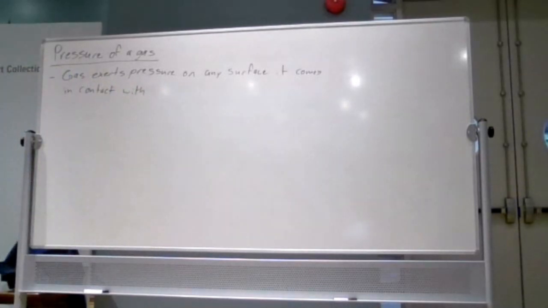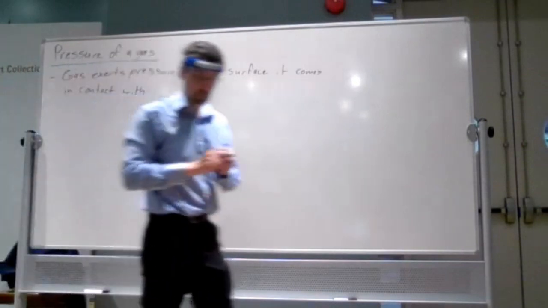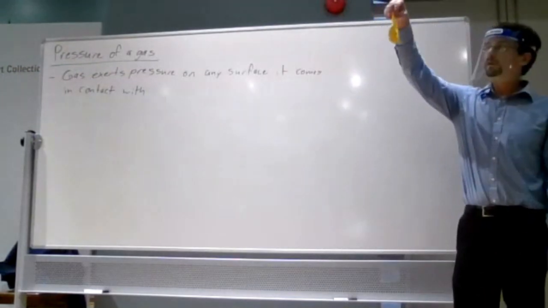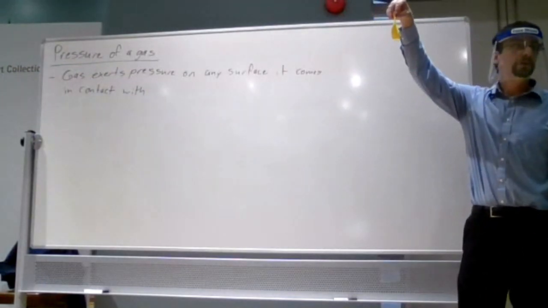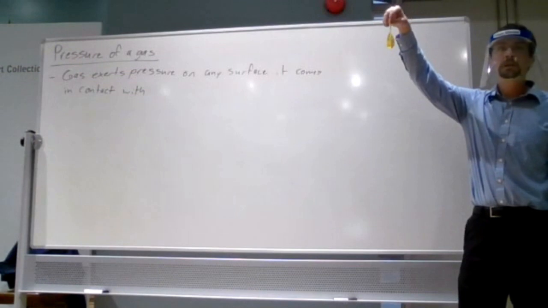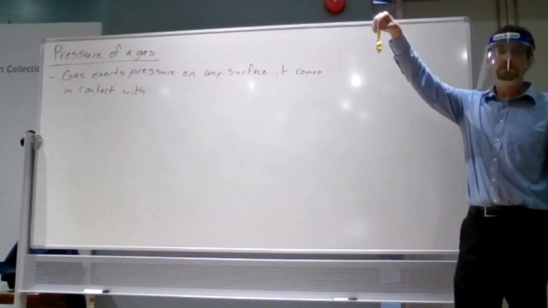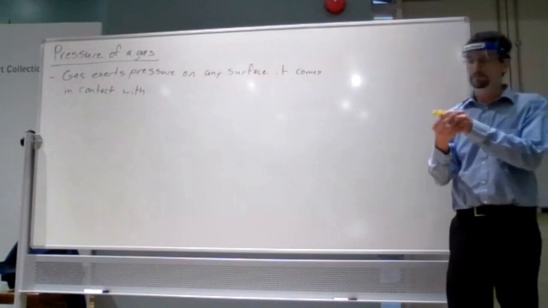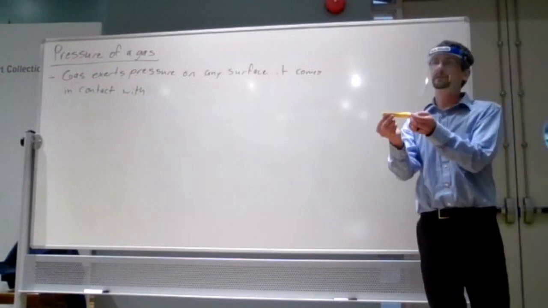So we look at a balloon. It's going to be really weird to do it through this thing, but we'll try it. We have a balloon here. It is not very impressive right now. Why is it the shape it's in? Like, why isn't it inflated?